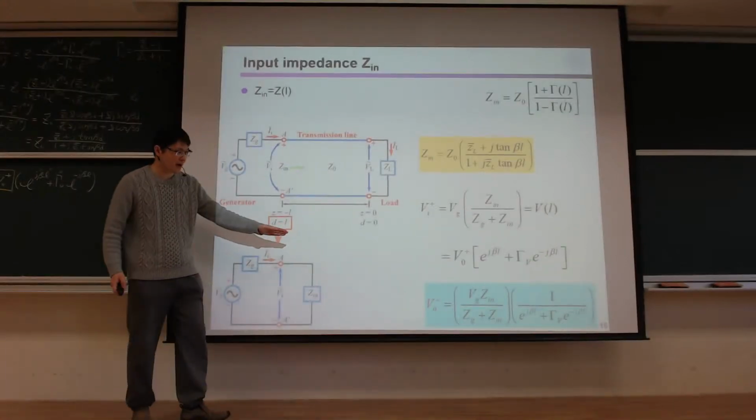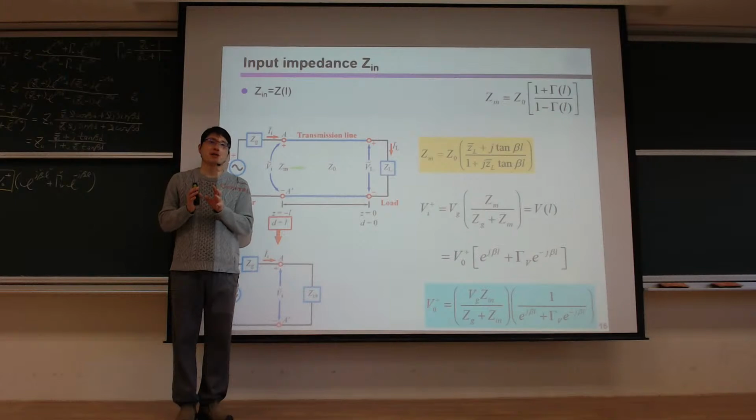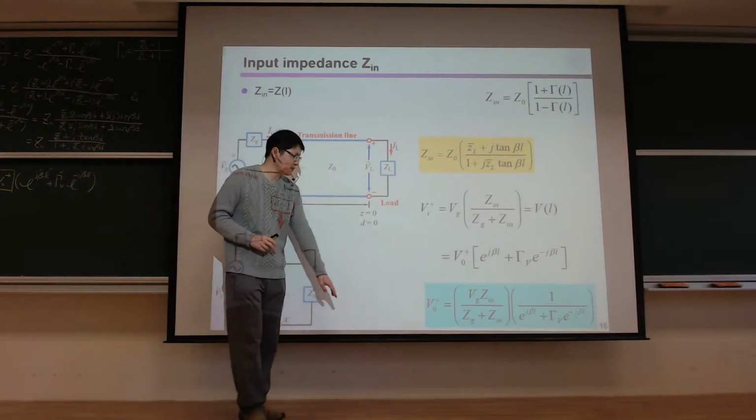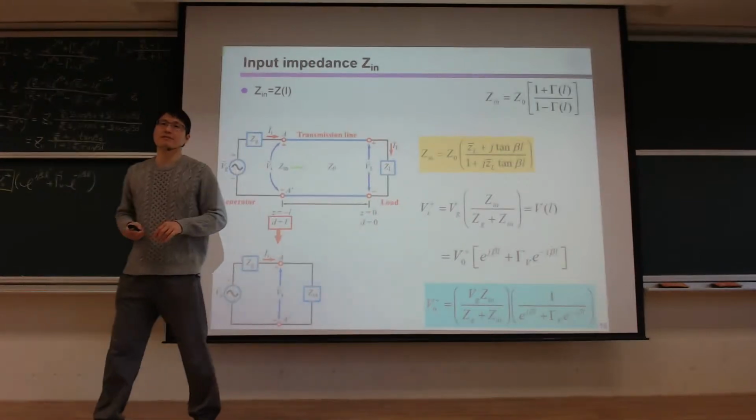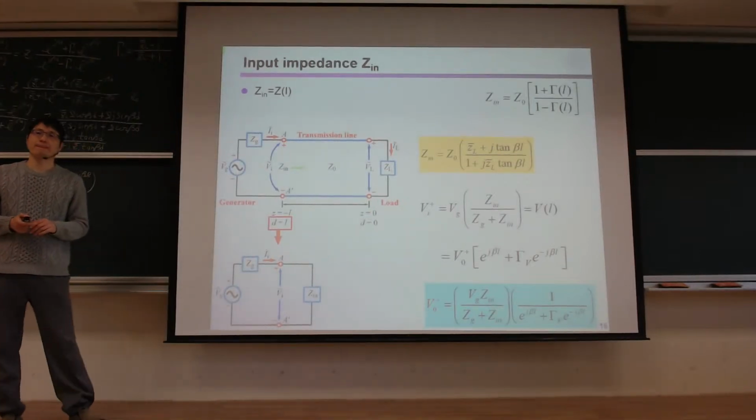So finally, we have the proper mathematical formulation for the forward propagating voltage amplitude. V0 plus is a whole bunch of mathematical formula.